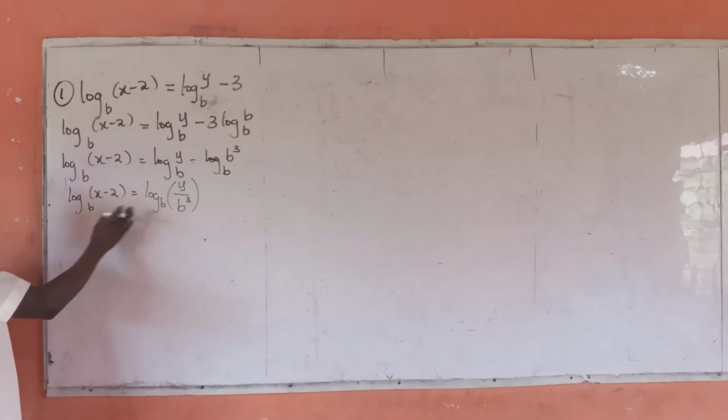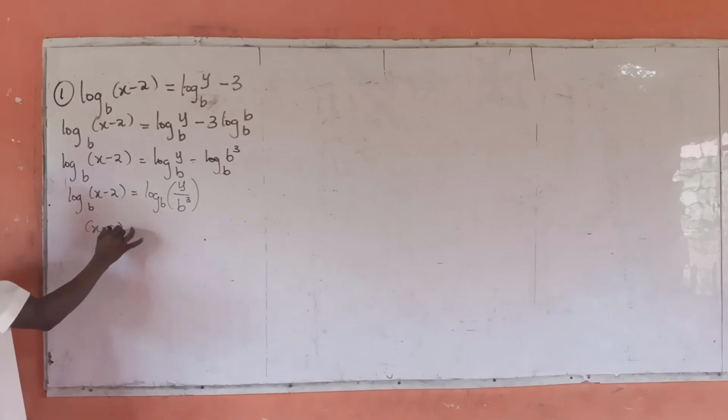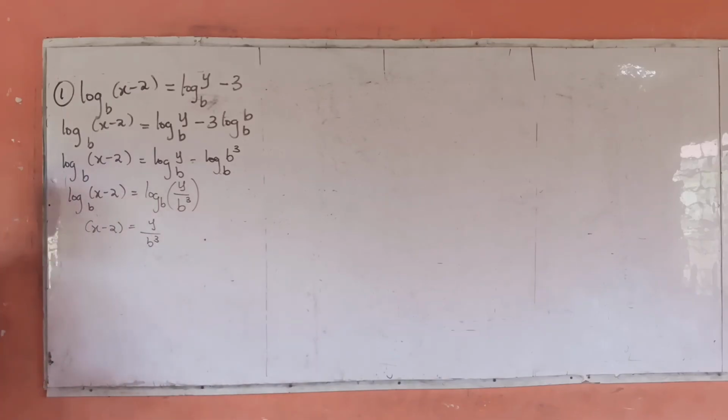So from my anti-logarithm, I now get x minus 2 is equal to y over b to the power 3.